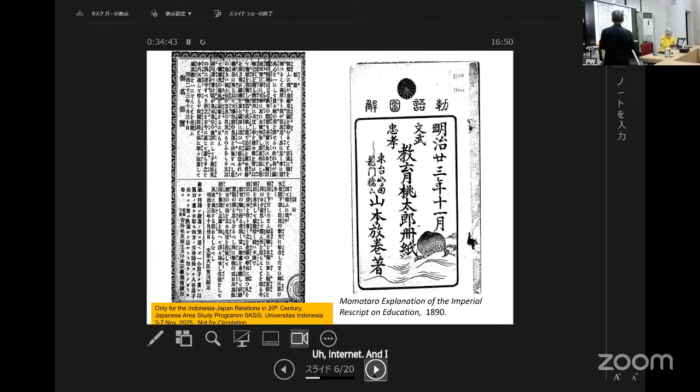And I want to introduce some other digital archives for your research. With such digital archives, we can check from foreign countries for our research effort on Japanese history and so on.